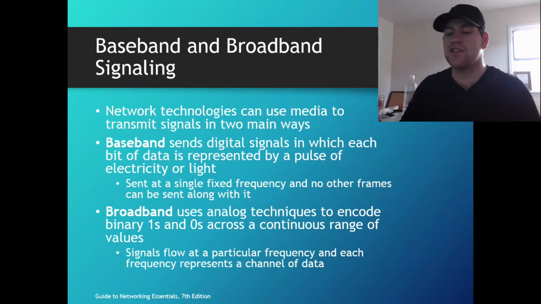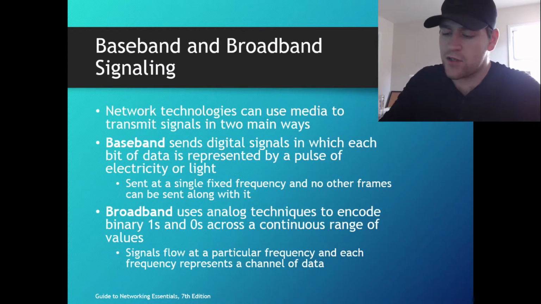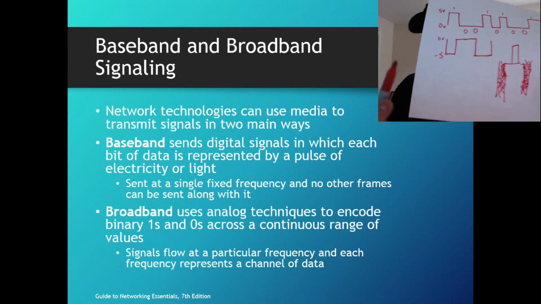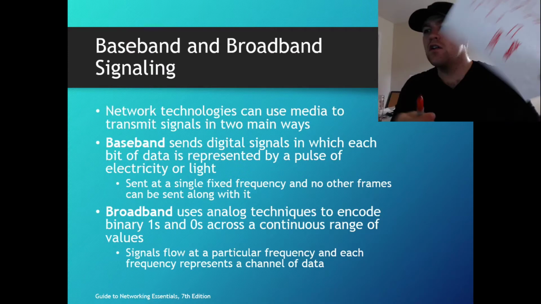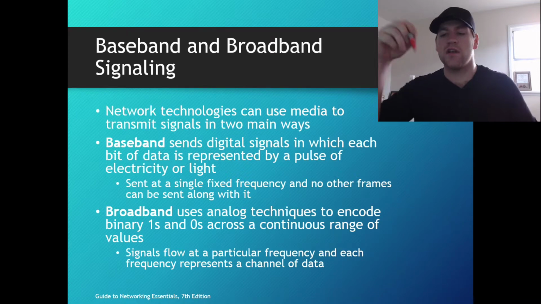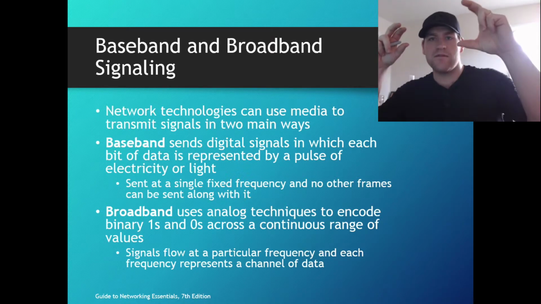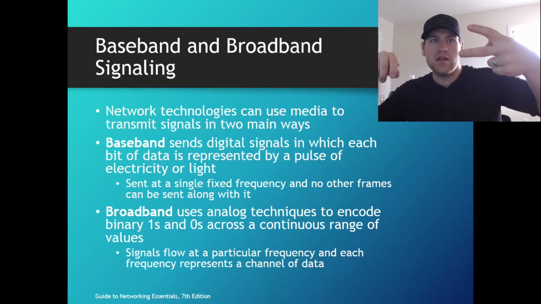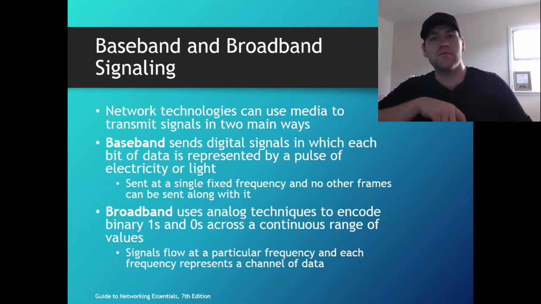And actually it can do something similar to that where it does 0 volts and negative 5 volts. So that has to do with differential signal. I'll talk about that more later, but those would actually be used in conjunction with each other. You'd have a positive 5 volts and a negative 5 volts over 2 wires in UTP, and both would send the signal.